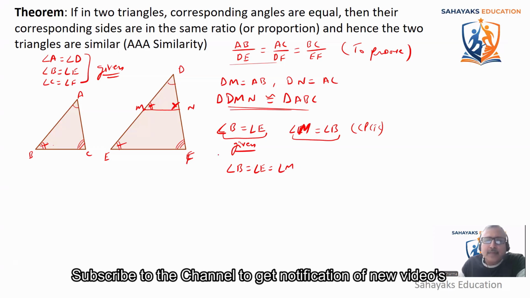So when angle E and angle M are equal, they form a pair of corresponding angles.